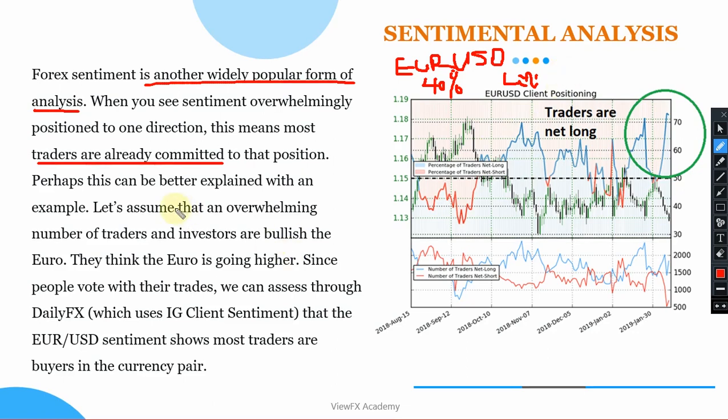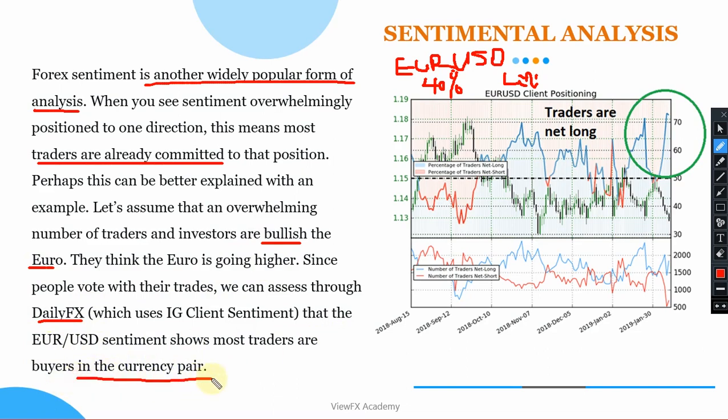So let's assume that overwhelming number of traders and investors are bullish in the euro. They are buying the euro. They think the euro is going higher. So when people vote with their trades, you can access through some sites such as Daily FX. Euro USD sentiment show most traders are buyers in the currency pair.